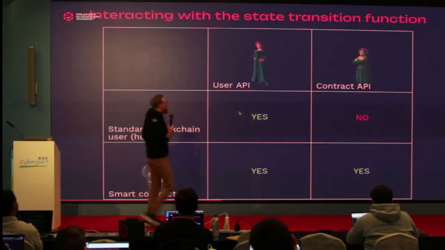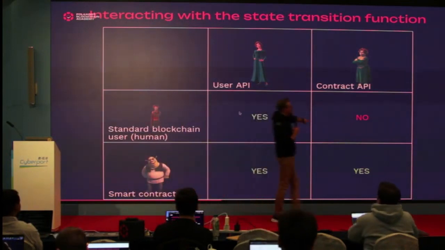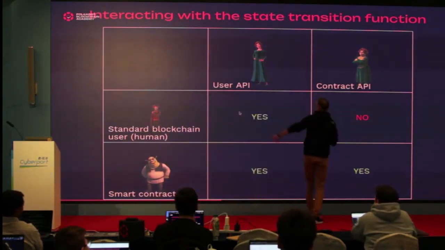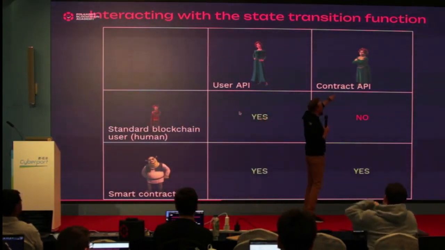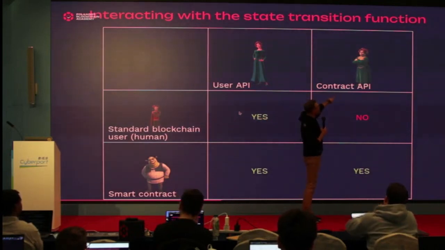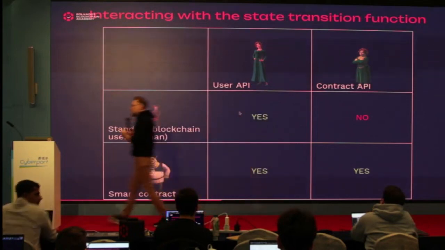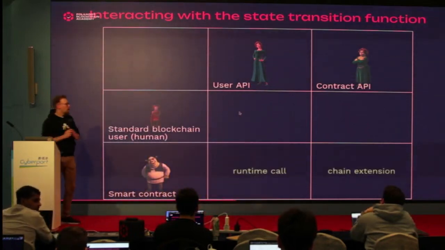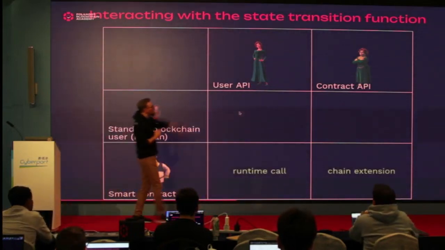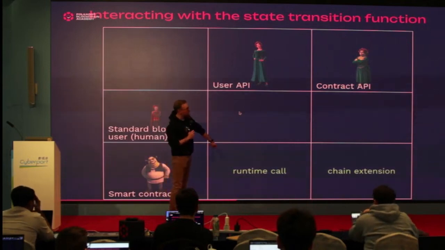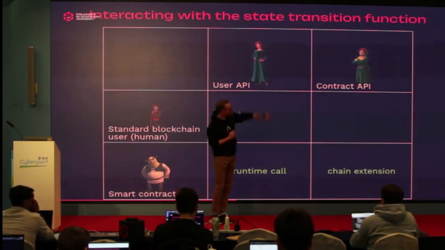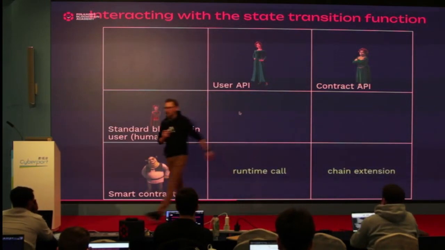The only no here is that humans cannot call the contract API. These things are dedicated only for contracts. To use technical names, if a contract calls the user API, this is called a runtime call. If it calls the contract API, it is called a chain extension.